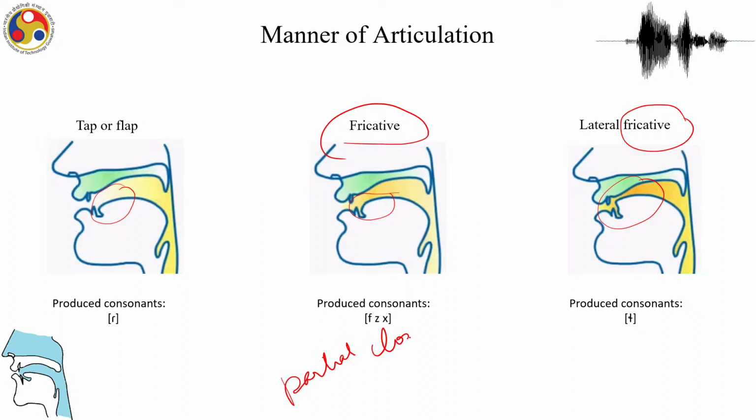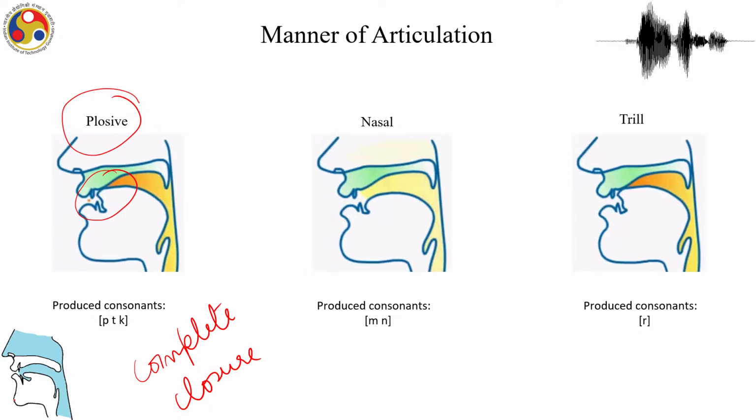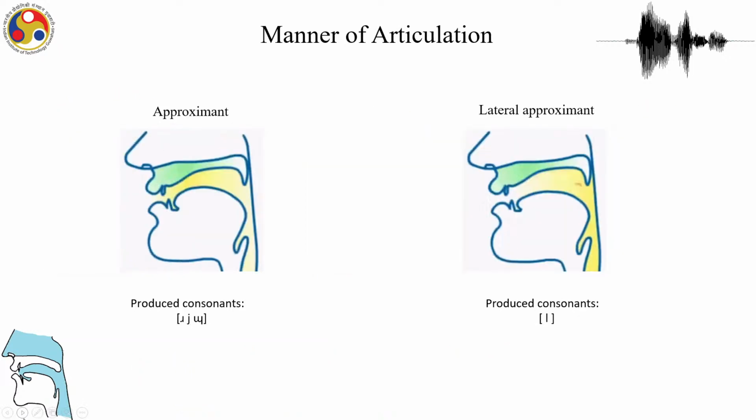And this is not the only difference that we have. We have slow release along with the partial closure for fricatives, and for plosives or stops, along with complete closure, we have sudden release. There are other differences as well, but these two make the two of them very different consonants.